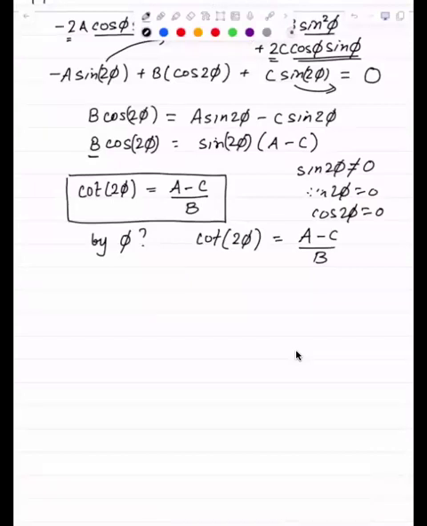Now, how do I know there is always such an angle? And it's actually an amazing thing, it's an acute angle, just between 0 degrees and 90 degrees. Because here is the idea: if phi is between 0 degrees and 90 degrees, then 2 phi is between 0 degrees and 180 degrees, right?